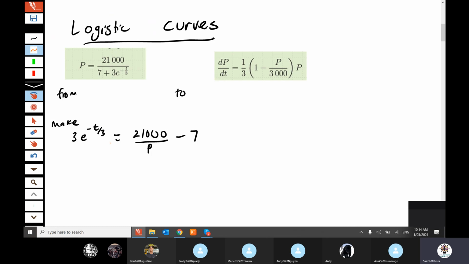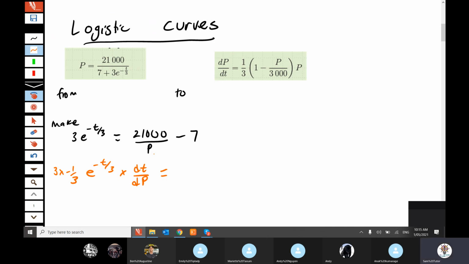Now we differentiate. Okay, what's the derivative of the left-hand side? Well, 3 times negative a third, and then e to the power of t over 3 times dt on dp. Please be careful. It's not dp on dt because my left-hand side is now t. Are we okay with that?